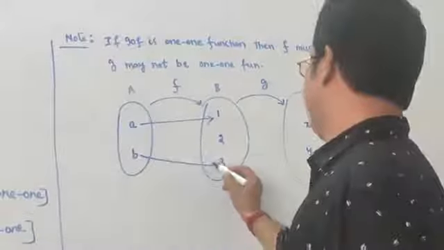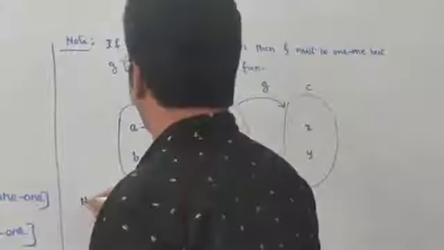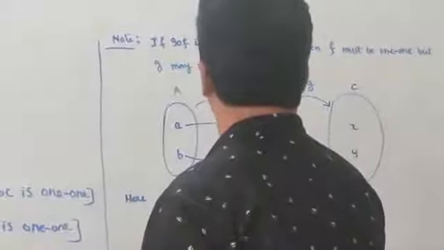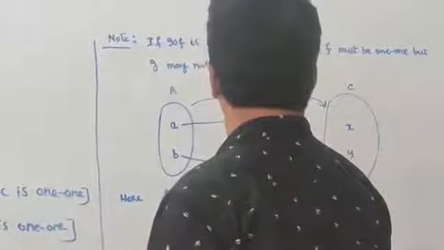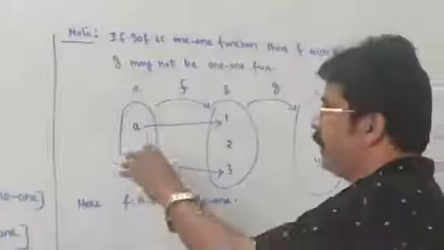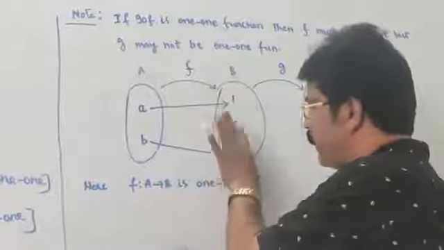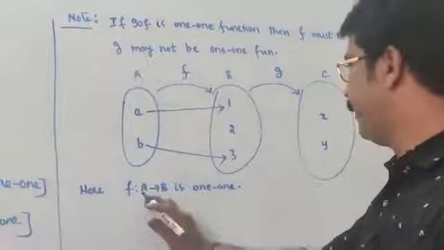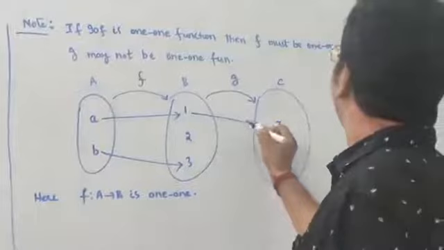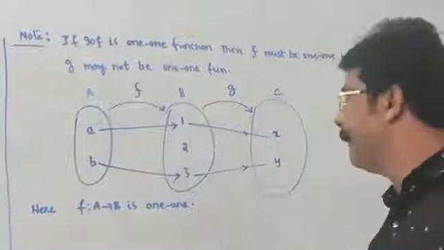B is mapped with 3. Therefore, clearly F from A to B is one-one function, because different elements are mapped with different elements of B. Okay, F is one-one. Next, 1 is mapped with X, 3 is mapped with Y.